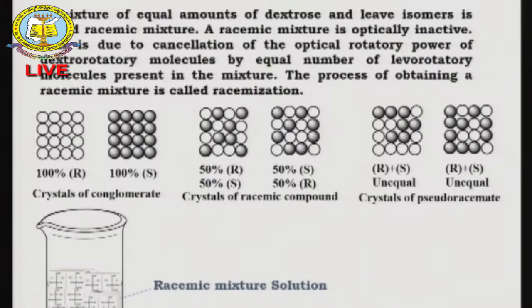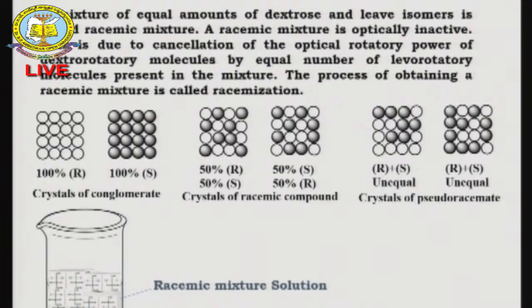When a particular chiral compound has two different configurations, like R and S, in equal proportion, with equal quantities, meaning 50% of R isomer and 50% of S isomer, and these two isomers are together, then we call it a racemic mixture. So a racemic mixture is nothing but equimolar isomers present in the same sample.